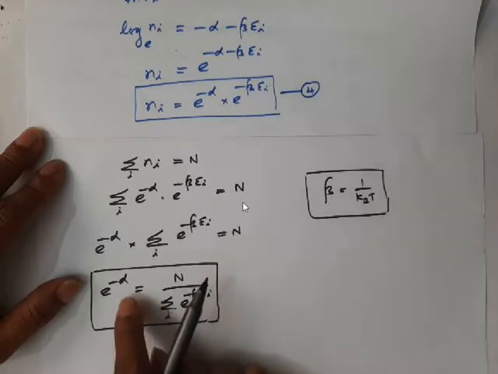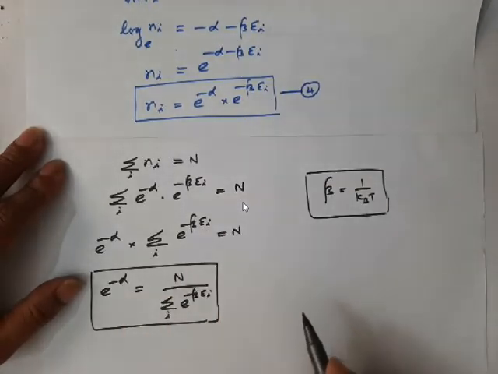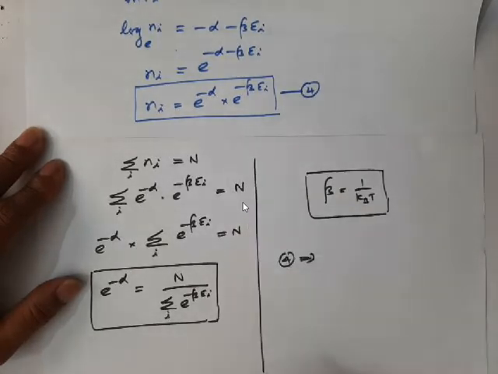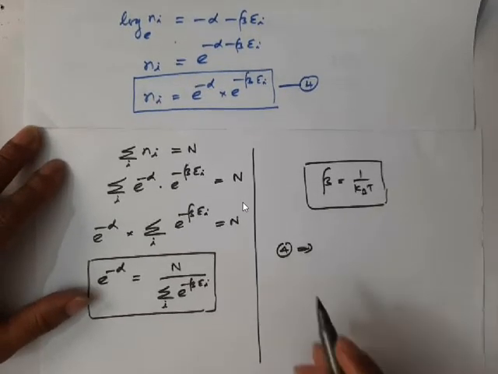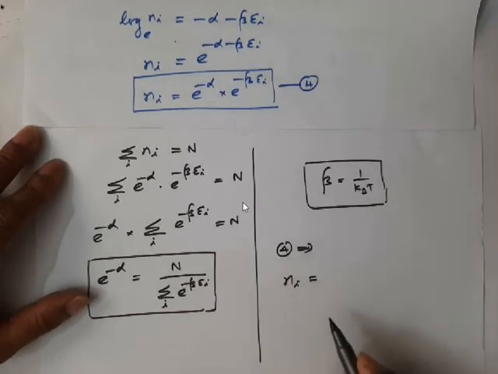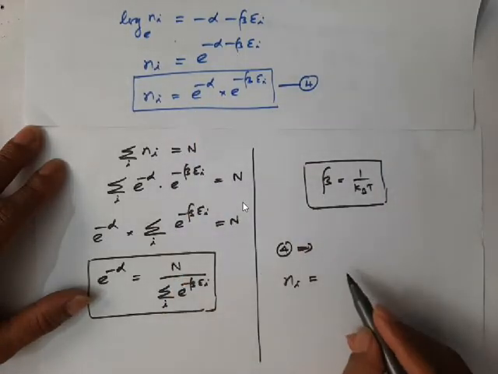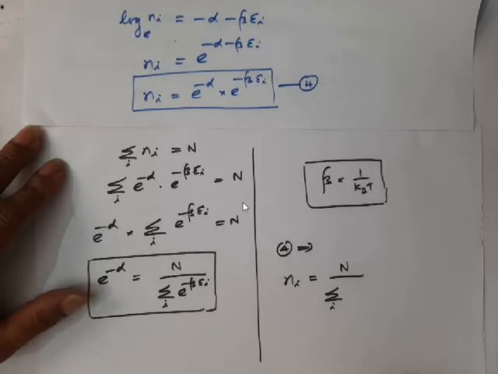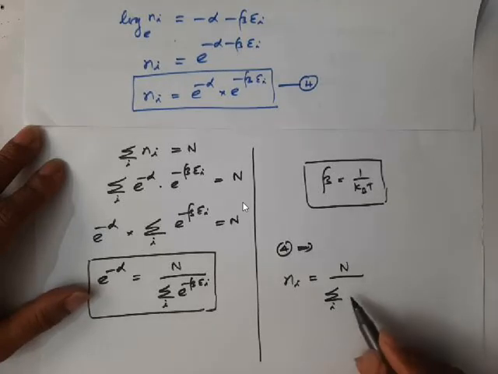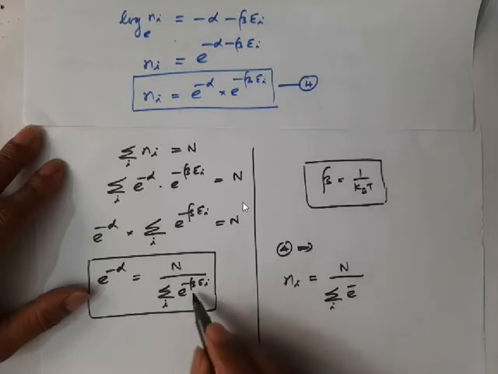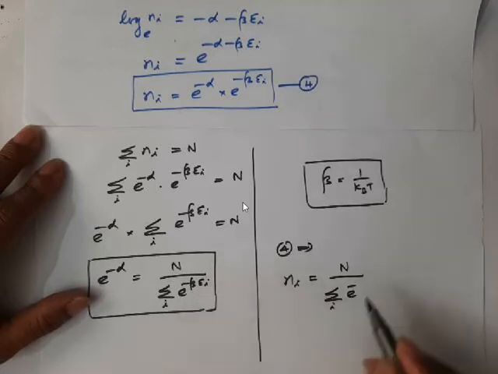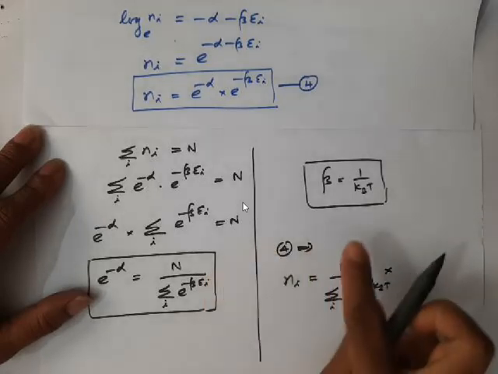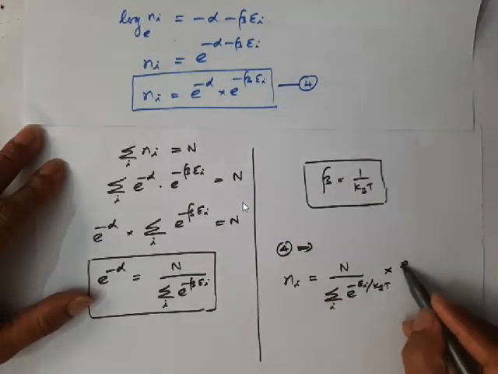So let me substitute this value and this value in equation 4. Therefore, equation 4 will become Ni equal to, in the place of e power minus alpha, I will put capital N divided by the sum over all the i values of e power minus beta Ei.